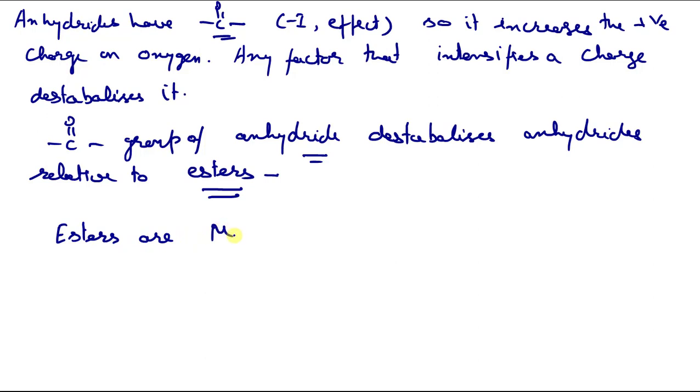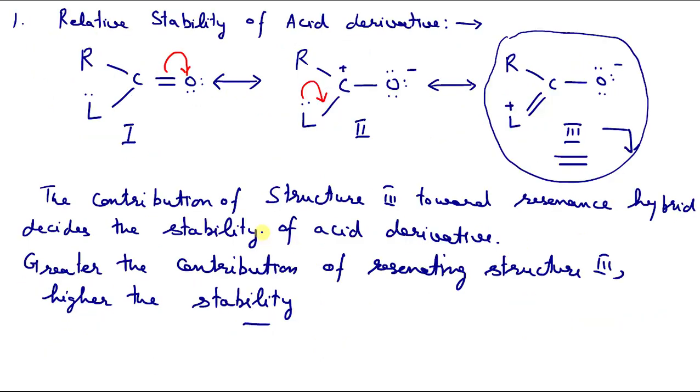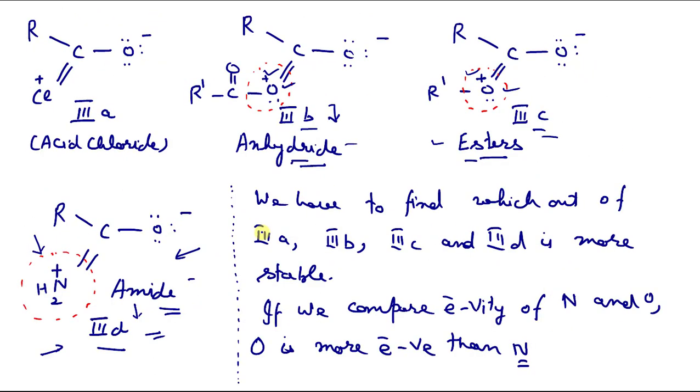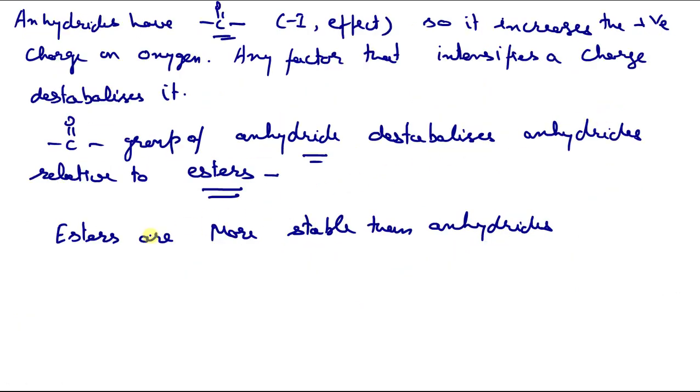Esters are more stable than anhydrides. So previously we learnt that amides are more stable than anhydrides and esters, as we have already explained. Now we have explained esters are more stable than anhydrides.